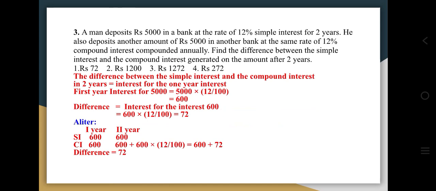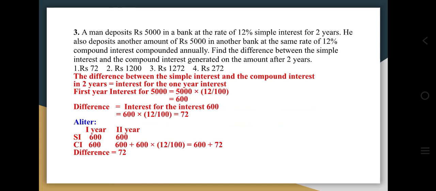So it is 600 plus 600 into 12 by 100, or 600 plus 6 into 12. So 600 plus 72. So the second year interest is 672. There is no difference between simple interest on first year and second year. In the second year, simple interest is 600, whereas compound interest is 672. So the difference is 72.